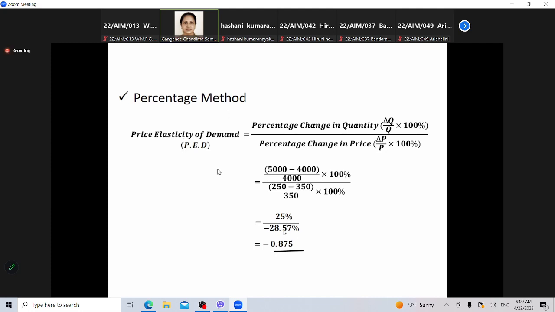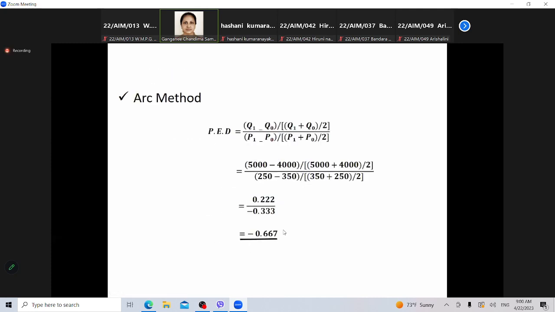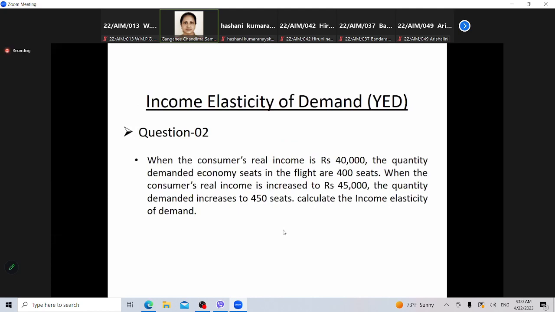Now, shall we see another calculation? Okay. Now, please calculate this one. Income elasticity of demand. When the consumer's real income is 40,000, the quantity demanded, so economy seats in the flight, are 400 seats.